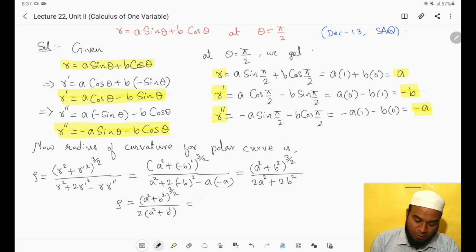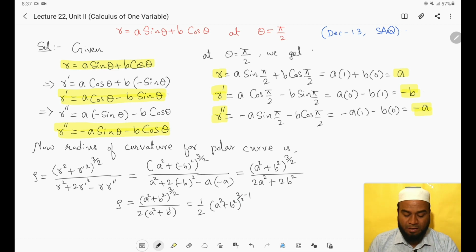Now this is equal to 1 by 2 into a square plus b square whole power 3 by 2 minus 1, because in the denominator and numerator the same term is there, a square plus b square. In the numerator the power is 3 by 2 and in the denominator the power is 1. If you take the denominator term upside, then in the numerator we will get 3 by 2 minus 1. 3 by 2 minus 1 is nothing but 1 by 2.